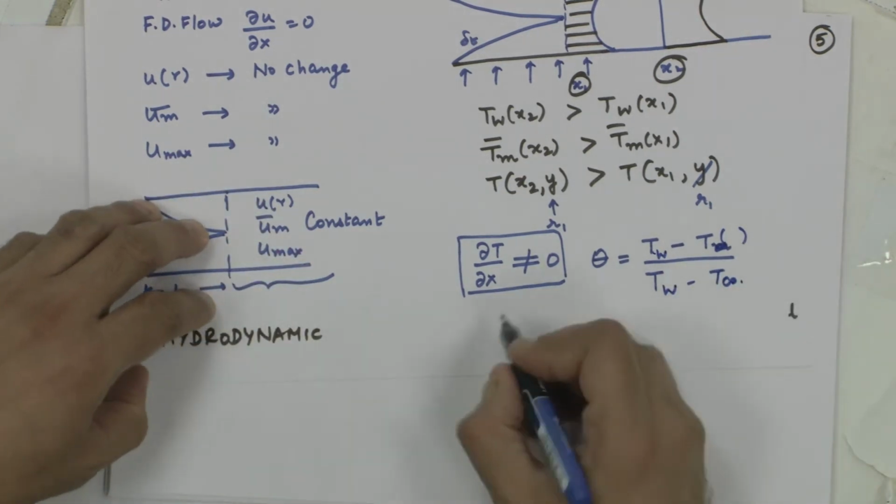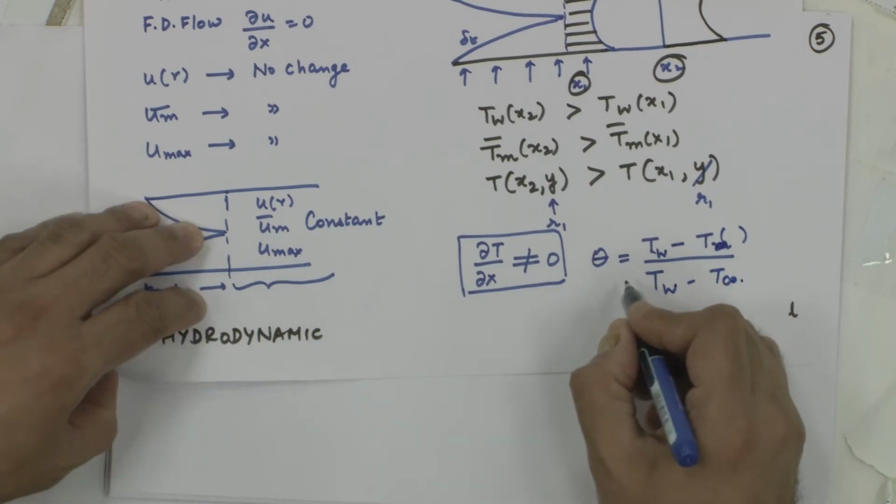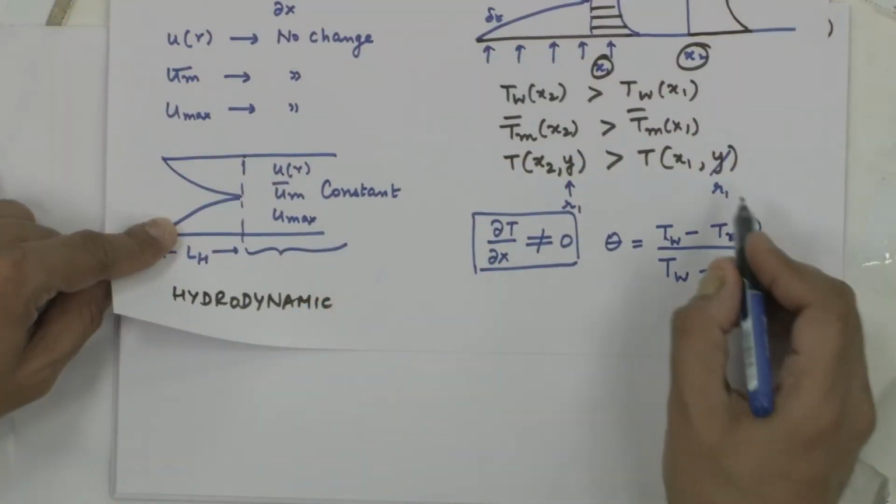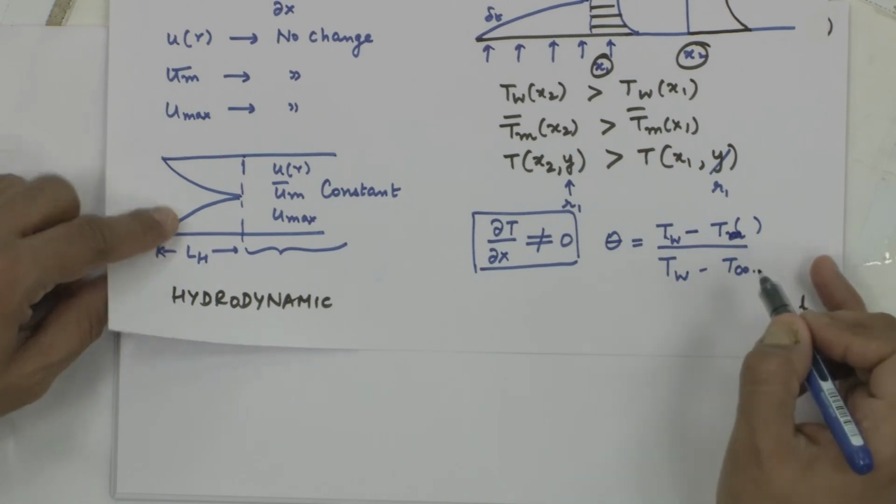We will write this non-dimensional profile in the next module. Look at how the thermally fully developed condition can be shown mathematically. It will not be dT by dx equal to 0; this is not going to be the case. Then from there on, we will go on to derive the equation for Nusselt number for laminar flow through a pipe for the constant heat flux boundary condition.